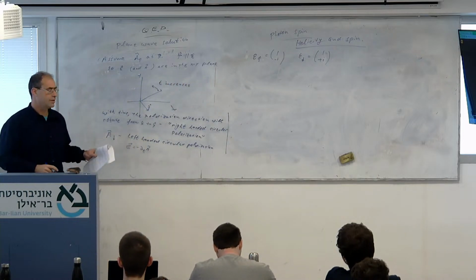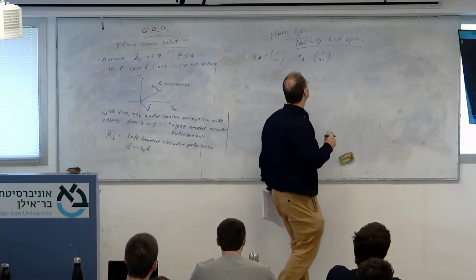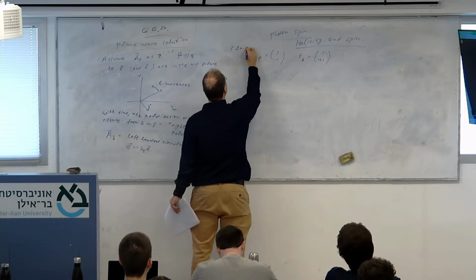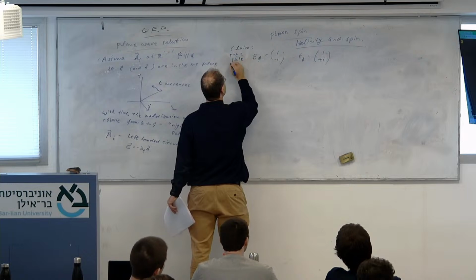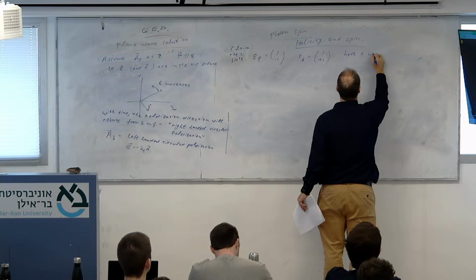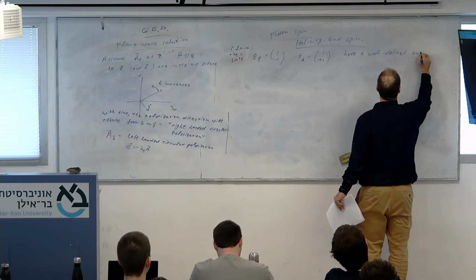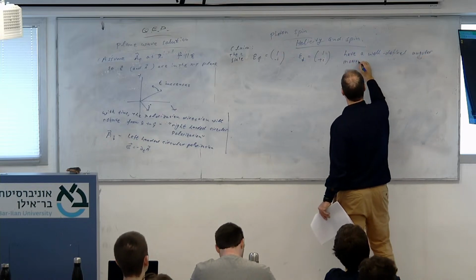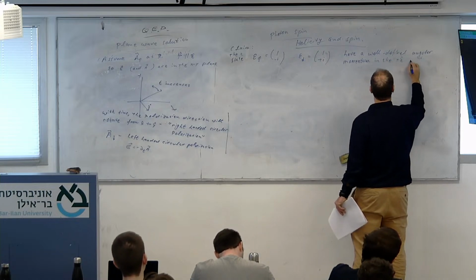I'm going to argue that these two states have a well-defined angular momentum in the z direction. Claim: the two states up and down have a well-defined angular momentum in the z direction.